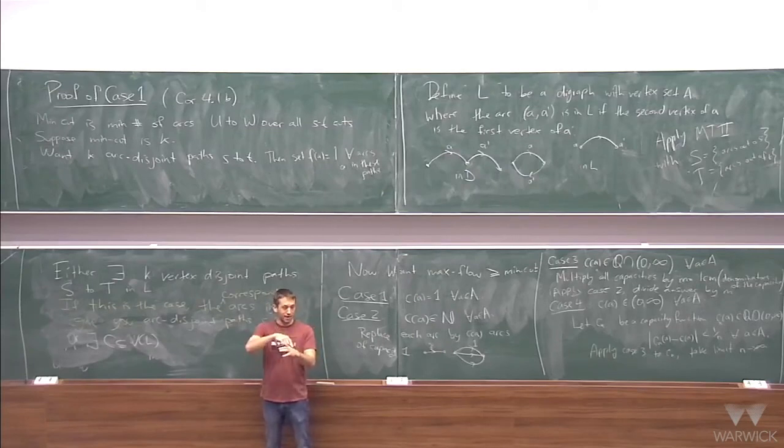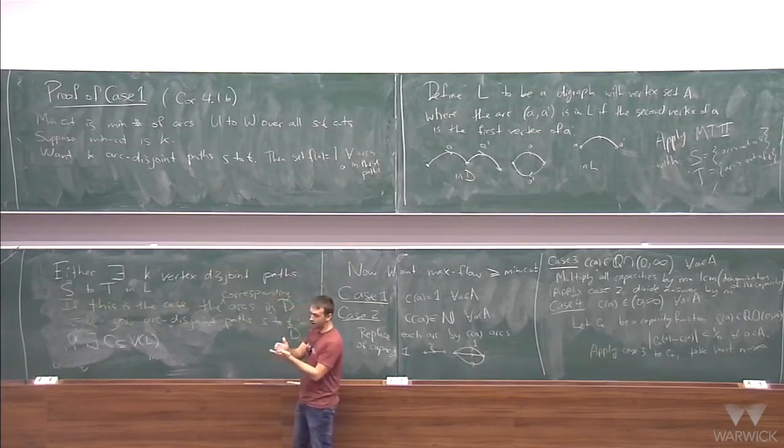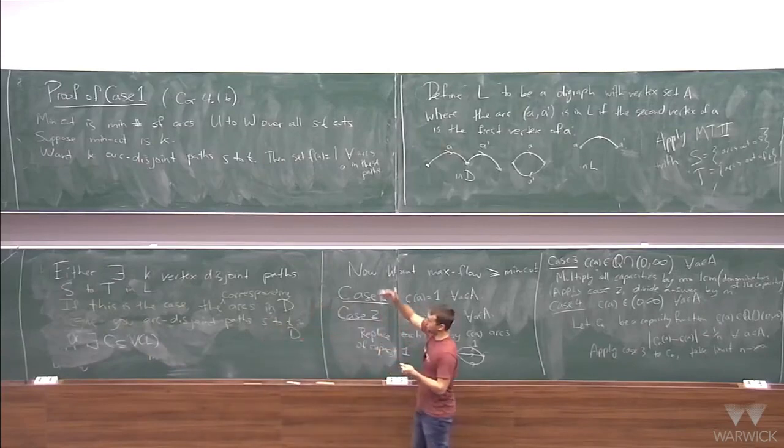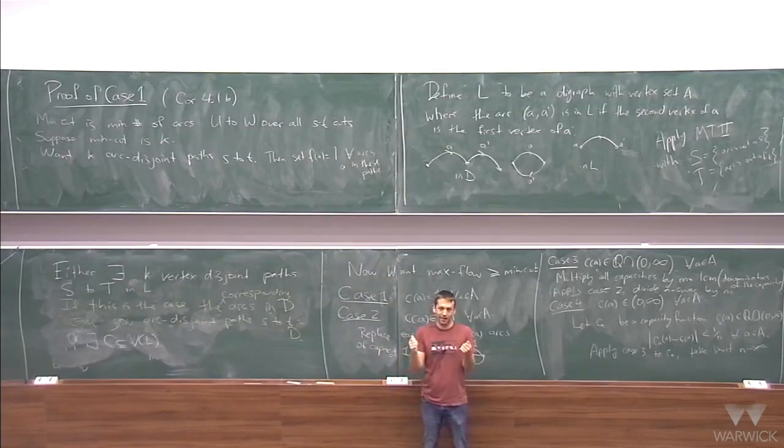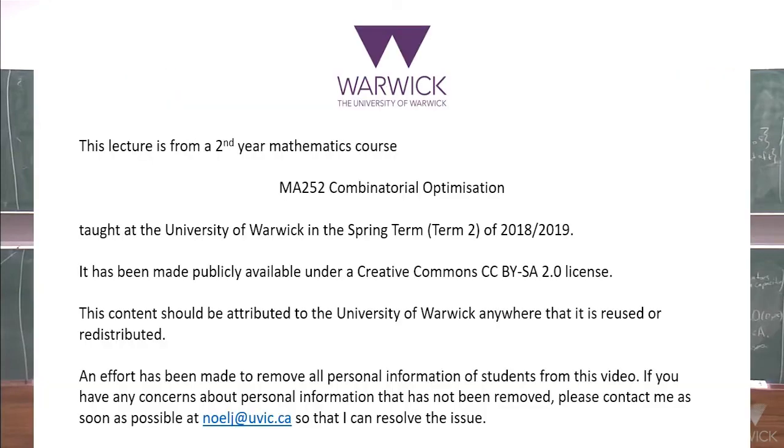If you translate that back to D, that gives you arcs which separate S from T, and you can use that to get a small ST cut, which we assumed didn't exist. We assumed there wasn't such a thing, because the min cut was size k, and this would give us a cut of size k-1. Okay, that's all for today. Thanks.